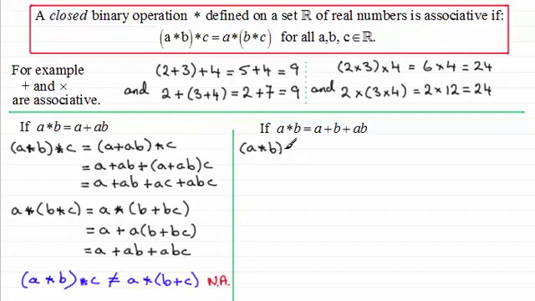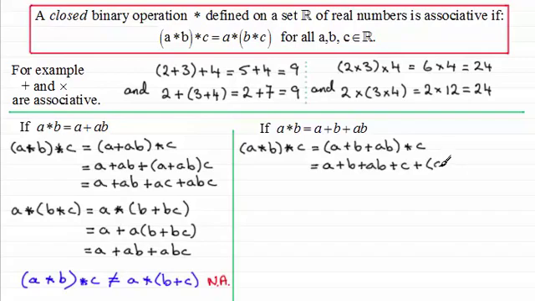But here we've got A star B then combined with C. And according to this definition then, if we do A star B first of all, I'll put it in brackets, we get A plus B plus AB, and then this is starred with the C. And then if we follow the definition again, we've got the first element, which is this value in brackets, so that's A plus B plus AB, and then it's plus the second element, which in this case is the C, and then it's plus the product of the elements starting with the first one.